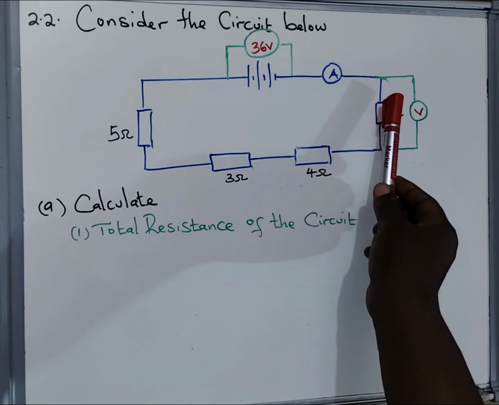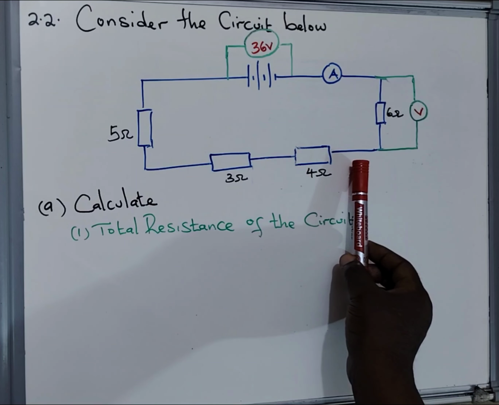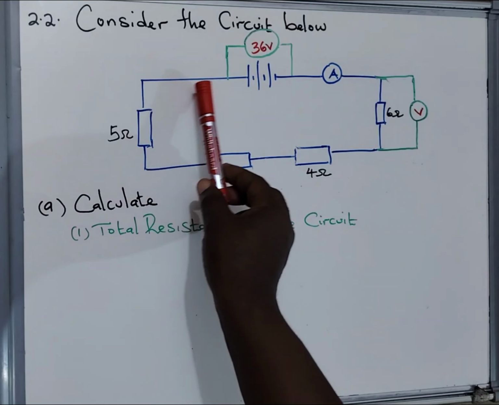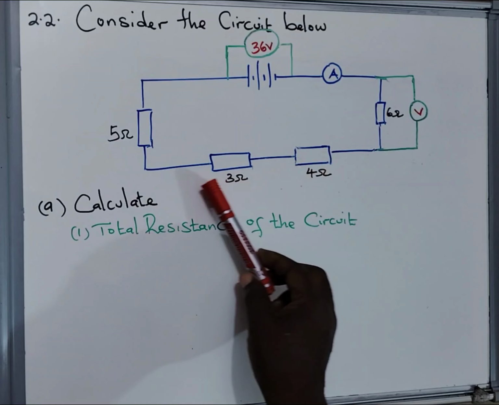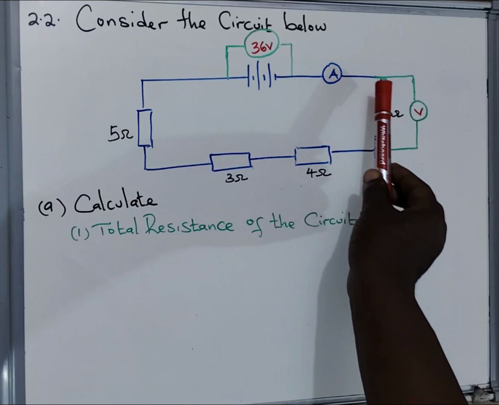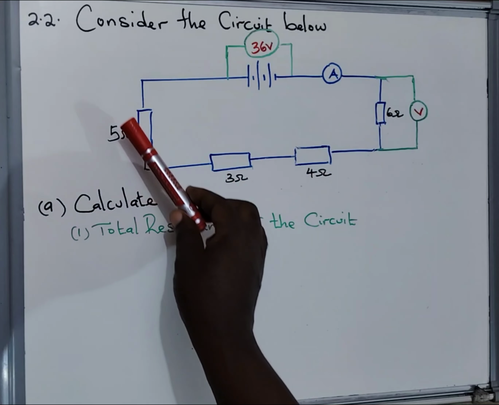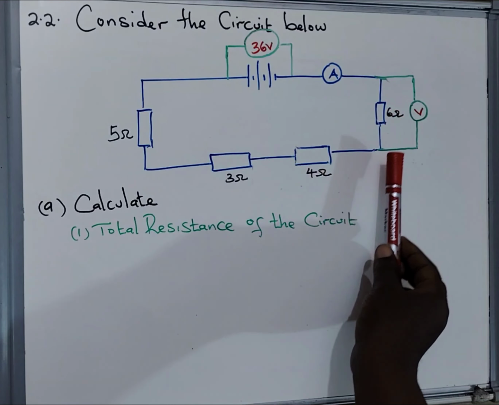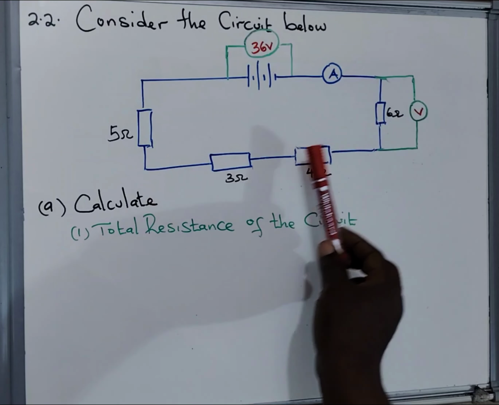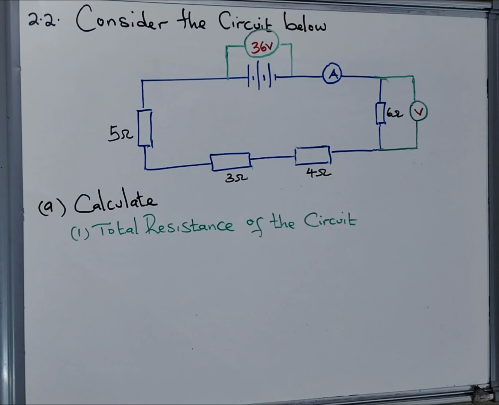So when you analyze the circuit, this is what you see. You see that these resistors are on the same chain, are on the same path of current. All of them, the 4, the 6, the 3, the 5. What does that imply?